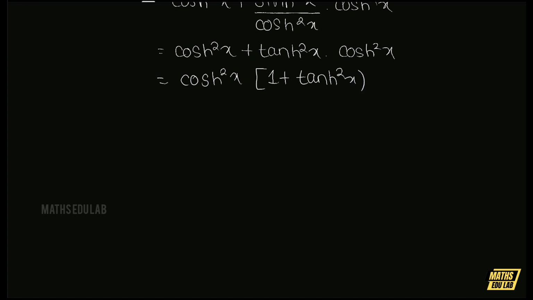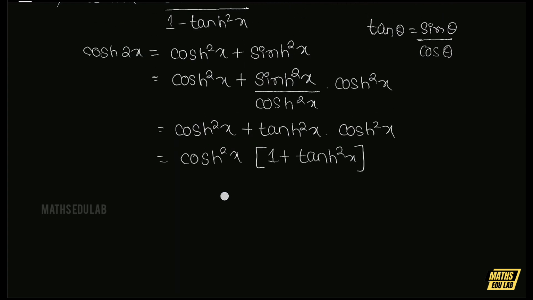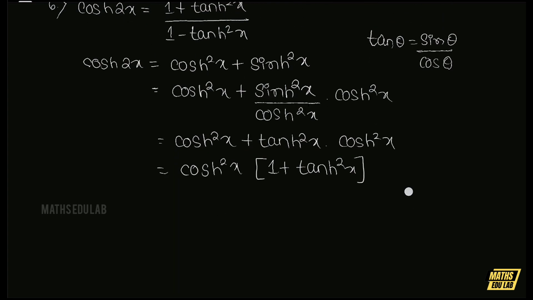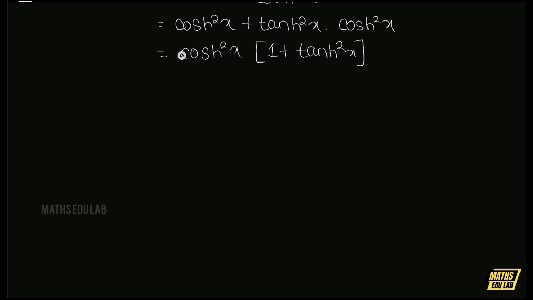So we got the numerator value of the formula of cos hyperbolic 2x. Then to get this one, let's change the cos hyperbolic square x value. We can write 1 by sec hyperbolic square x, just the reciprocal formula of cos theta.